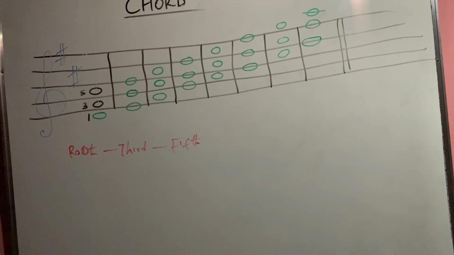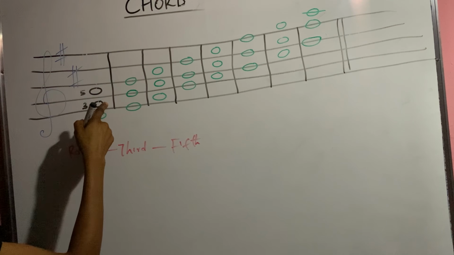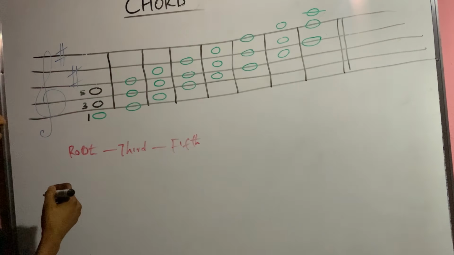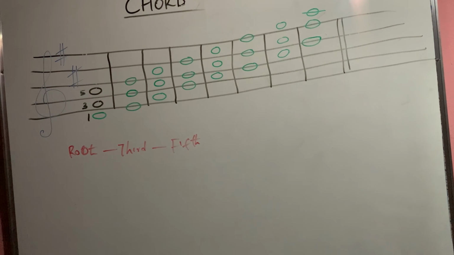Now from the interval we just finished, D to F, remember, this is not just F but F sharp. D to F sharp is what? Is it a major third or a minor third?